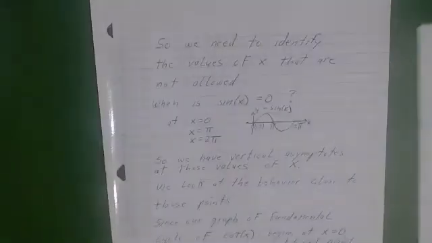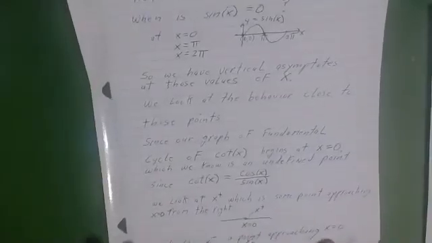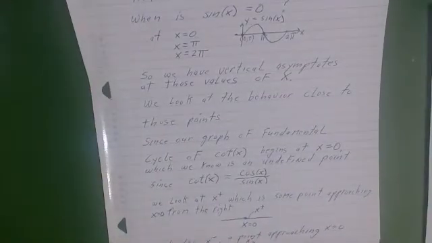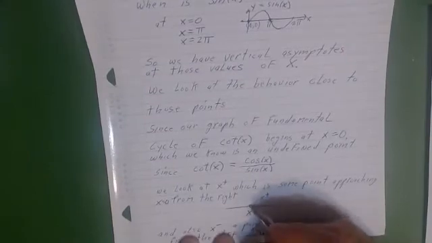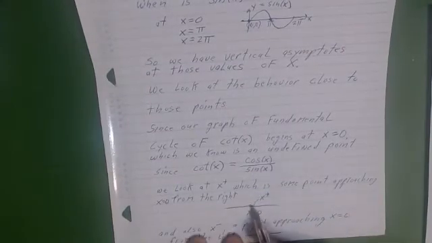And so the way we think about that in our labeling is that we look at what's called x plus, okay? So here's a point that's not allowed, x equals 0. This is a not allowed point.